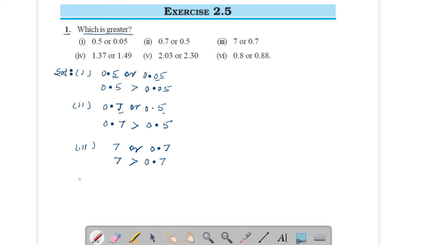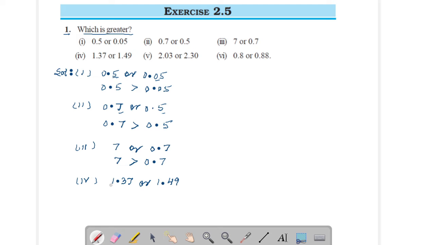Then come to fourth part. It is 1.37 or 1.49. Here compare these two decimal numbers starting from first digit, that is ones.